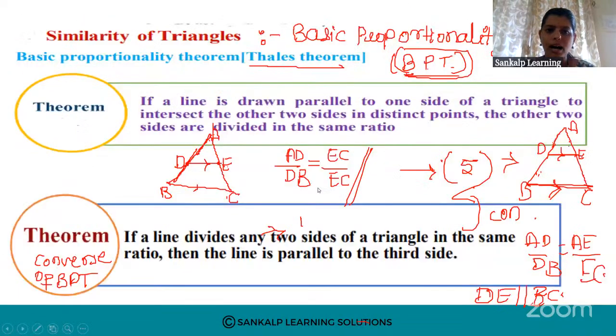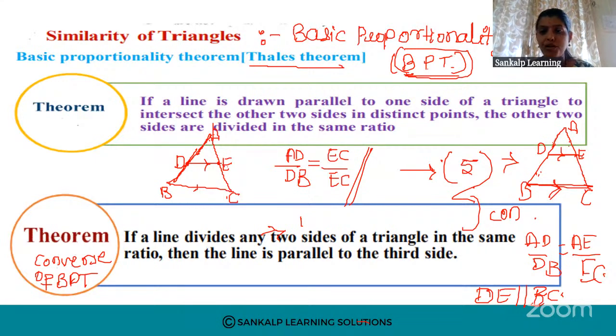Next, one important theorem in this chapter is the basic proportionality theorem, popularly known as Thales theorem, BPT. If a line is drawn parallel to one side of a triangle to intersect the other two sides in distinct points, the other two sides are divided in the same ratio. This is the statement of the theorem.